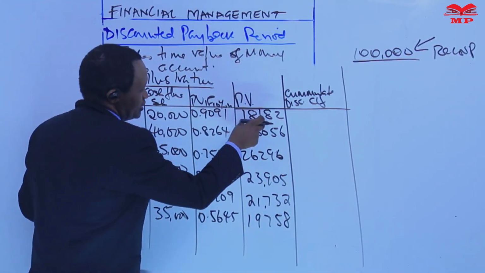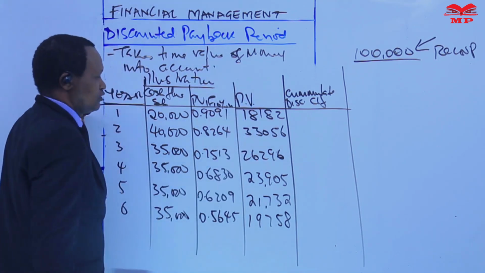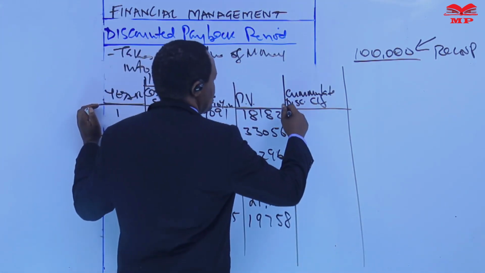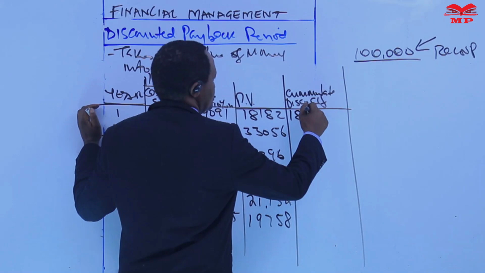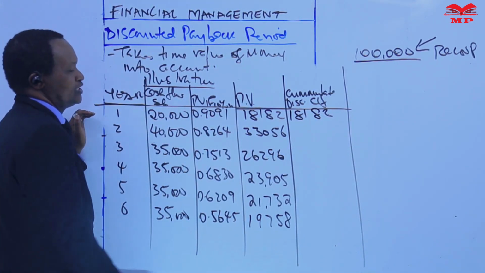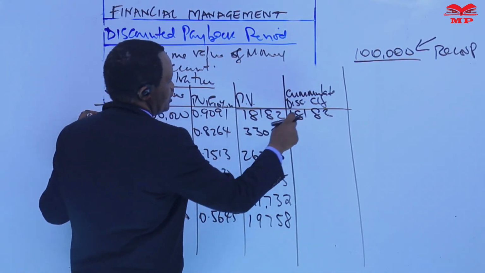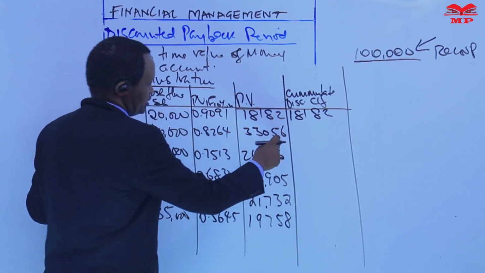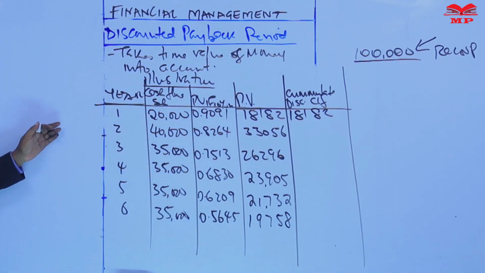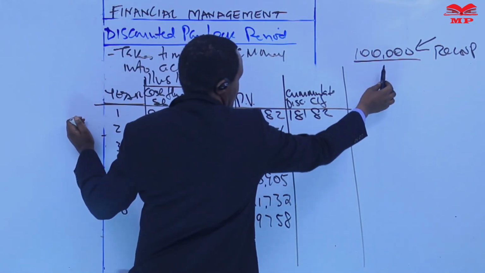At the end of year 1, the project will generate cash flows in present terms amounting to 18,182. At the end of year 2, it will be 18,182 plus 33,056. What is the total? Cumulate until we recoup the 100,000.